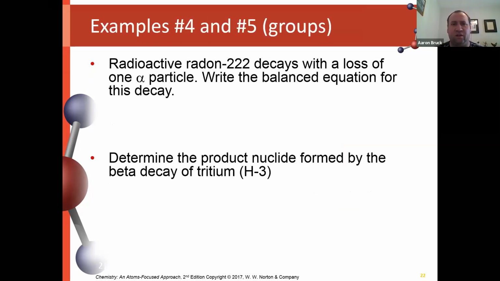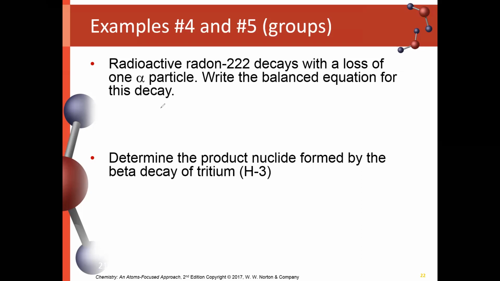All right, let's do some more then. Radon 222 decays with a loss of an alpha particle. What is the balanced equation for this decay? So walk me through it. So, you put radon and then the 222 at the top. And then radon's atomic number is 86.